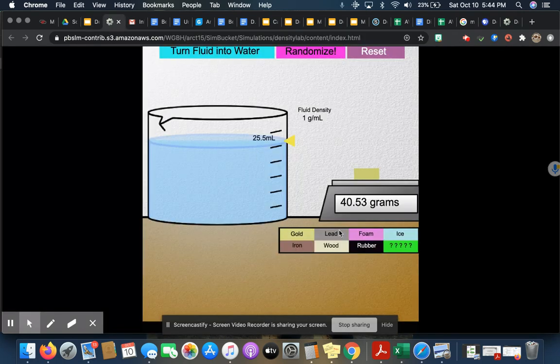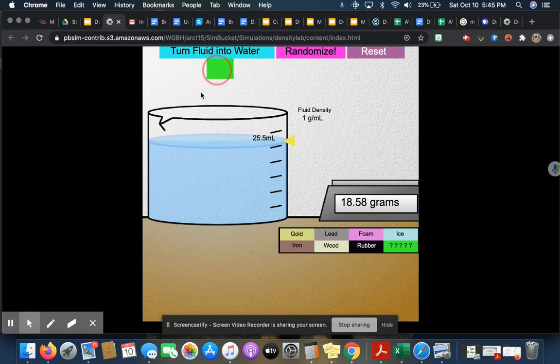Once you're done, you can come back and pick the next one, lead or wood. This one right here that has the green question marks is actually a mystery mineral. We don't know what it is, but it is kind of fun to solve it too. So you're going to do all 8 of these.